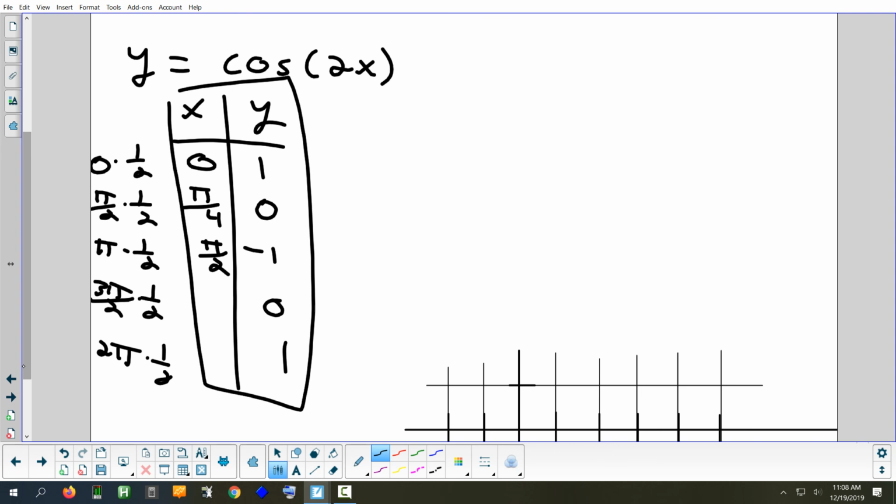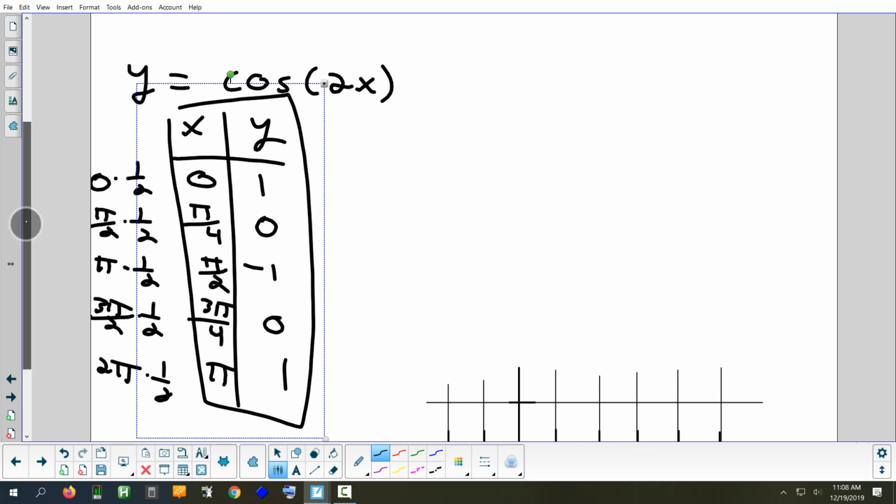So multiply straight across. 3 pi over 4. And the last one? 4 pi over 4. So 0, pi over 4, 2 pi over 4, 3 pi over 4, 4 pi over 4. There's your math.